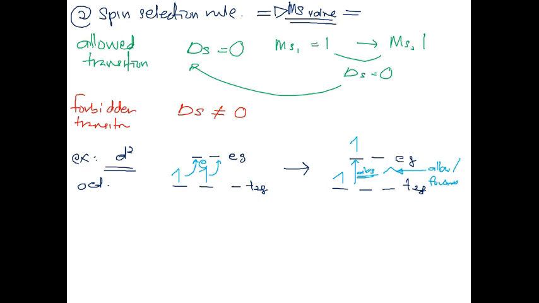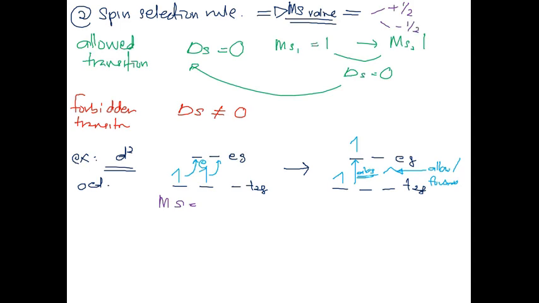One of the selection rules was the previous one, and now we look at the spin selection rules. So here, what does MS equal? Remember MS has only two values, positive half and negative half.